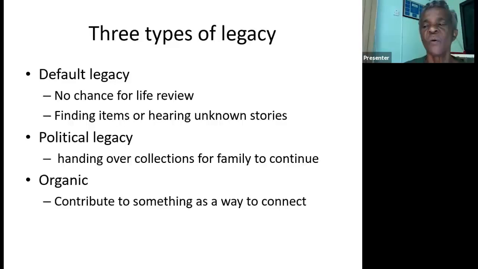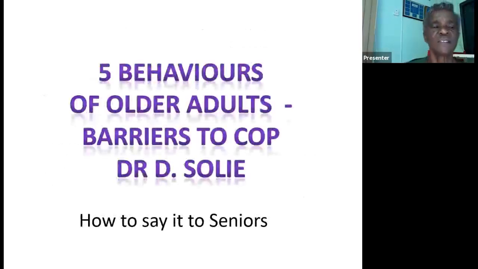So based on all of this, we want to look at some behaviors of older persons that act as barriers to communication. Dr. Sowley not only raises these issues, but also provides some suggestions as to how we can say things better as we seek to communicate with older persons, bearing in mind that they want to leave a legacy and that they want to maintain control or gain control of their lives, considering all the things they are losing.